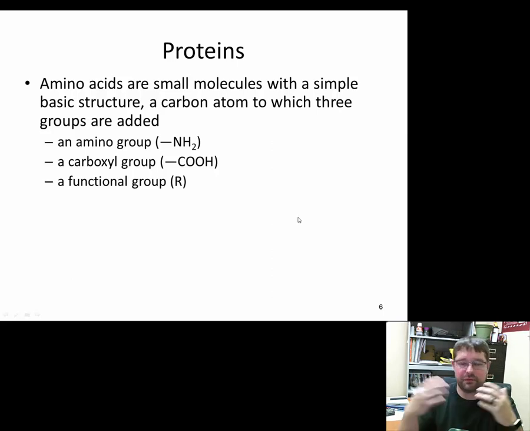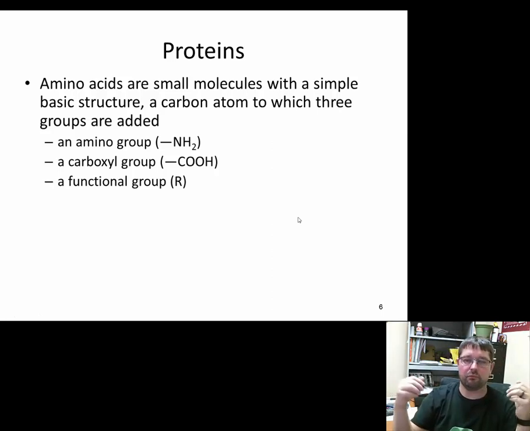The functional group could be as simplistic as just a hydrogen, or as complex as a whole strain of more carbons, or another carbon ring or something like that. The interesting piece, though, is that the functional group is really what gives that amino acid its unique properties.